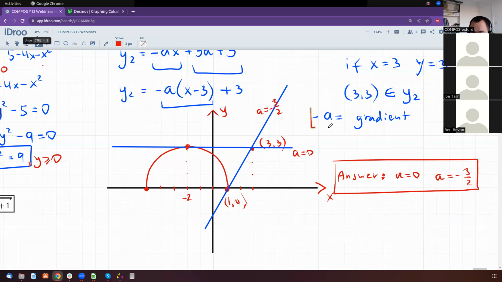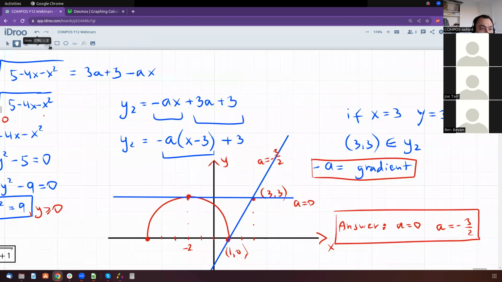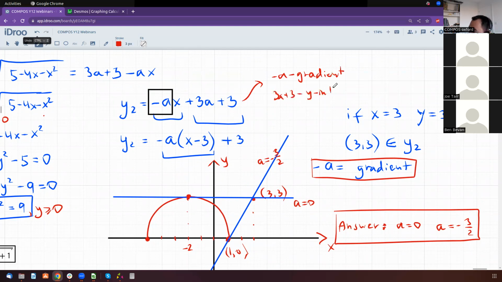And because I know that minus a is the gradient, so if you look at this line, minus a is the gradient, and 3a plus 3 is the y-intercept. Which point? The point 3, 3.